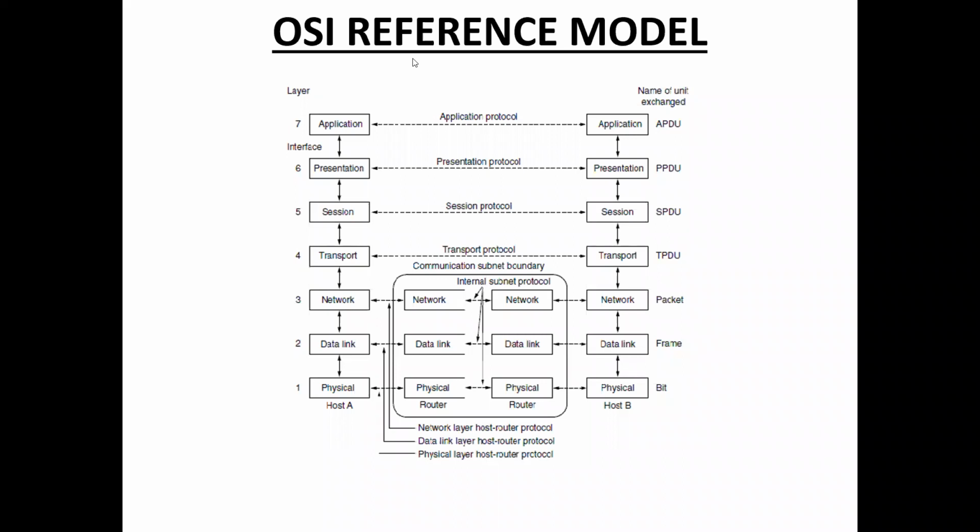This OSI reference model is developed by the International Standard Organization, and it describes how information from a software application in host A moves through the physical medium to the software application in host B. It has 7 layers: physical, data link, network, transport, session, presentation, and application, each performing a particular task independently.